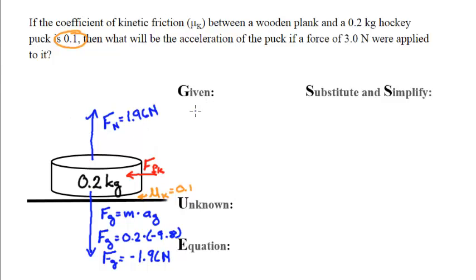Well, I have a force normal, and that's a given. And I have a mu kinetic equals 0.1. The thing that I don't know is force of friction, and that's going to be in newtons.